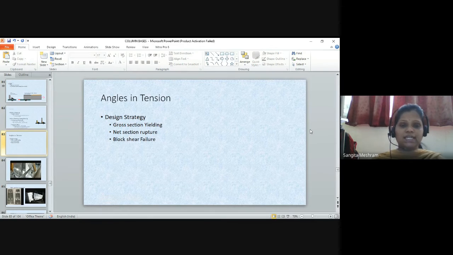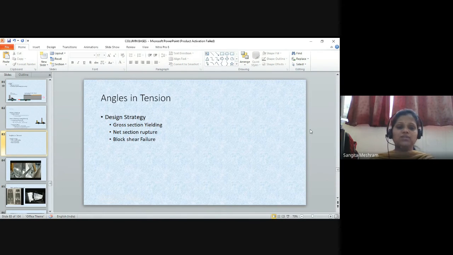Then angles in tension. If we are designing tension members, we have to use a design strategy to prevent failure. Previously we have seen that bolts fail in bearing, shear and tearing.